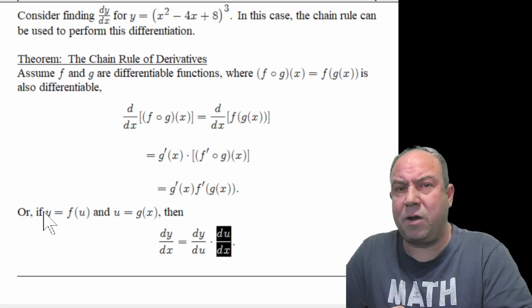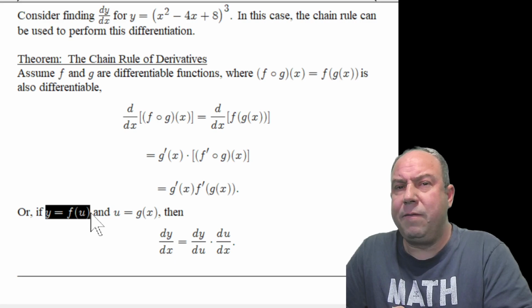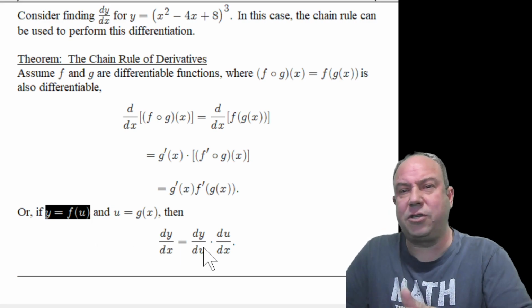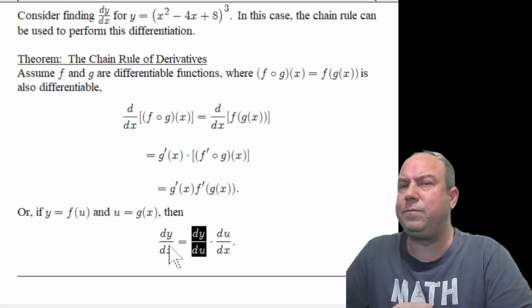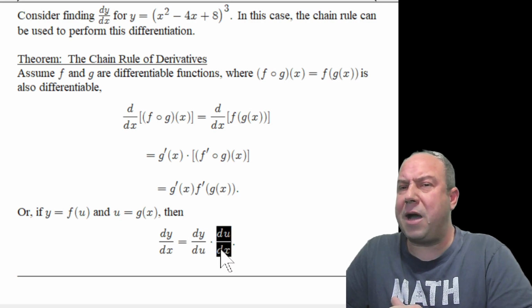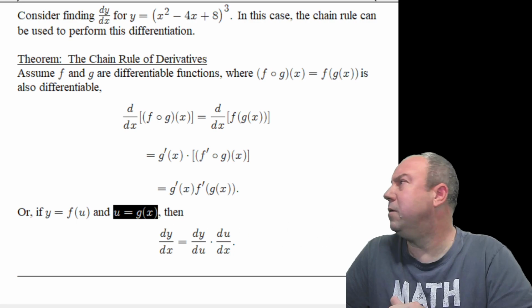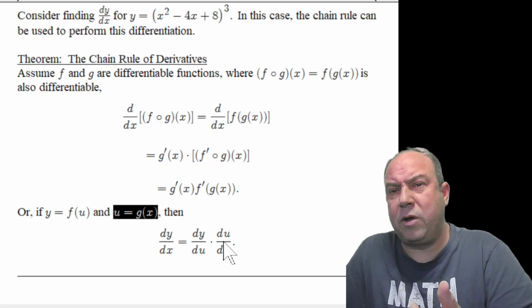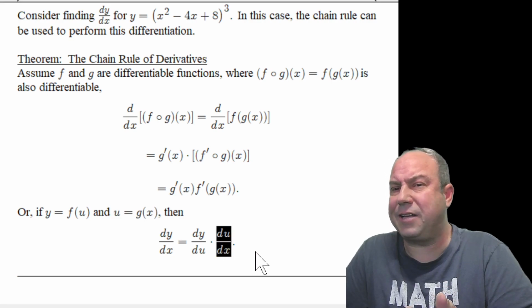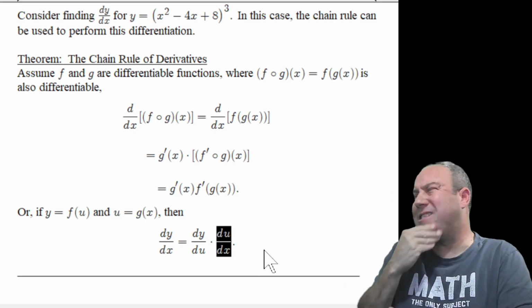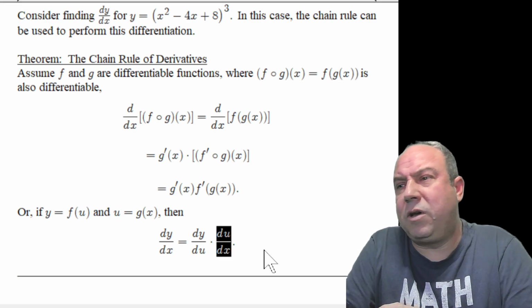What's going to be the derivative of y, which is expressed as a function of u, dy du, multiplied by the derivative of u, right, which is going to be a function of x. So we want the derivative of u with respect to x. This is a second variation we see for what we call chain rule.